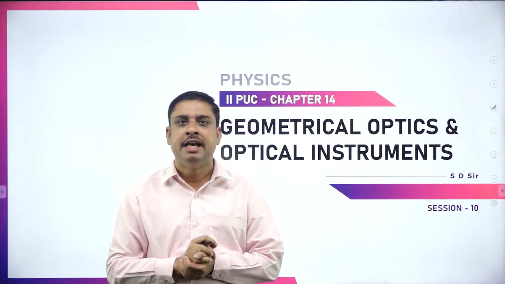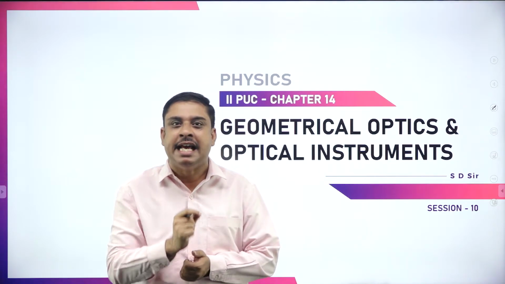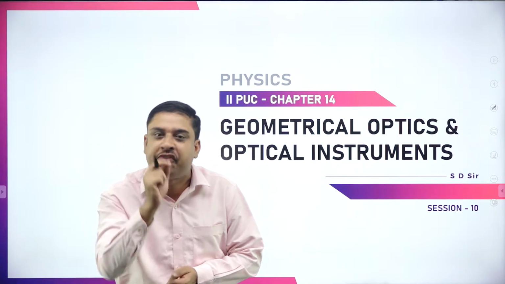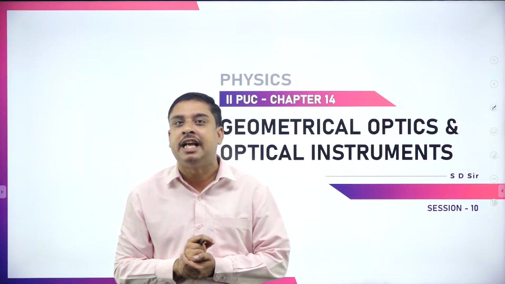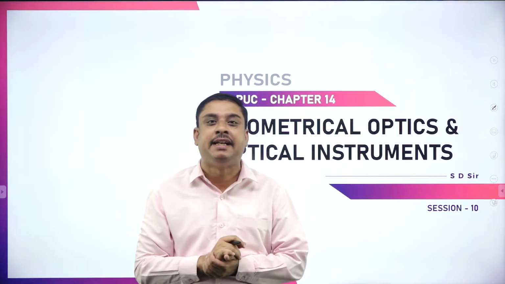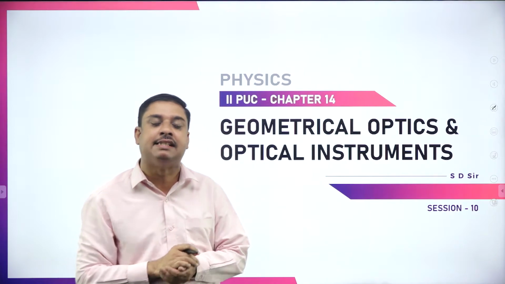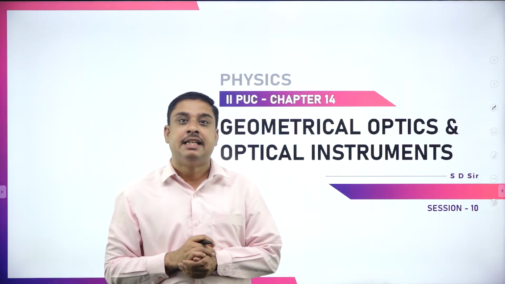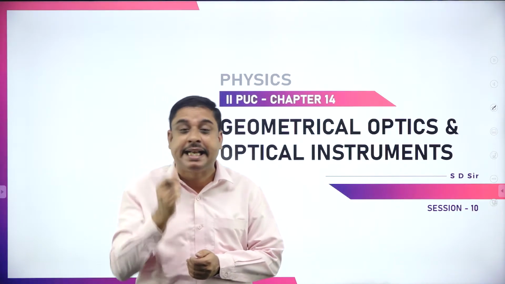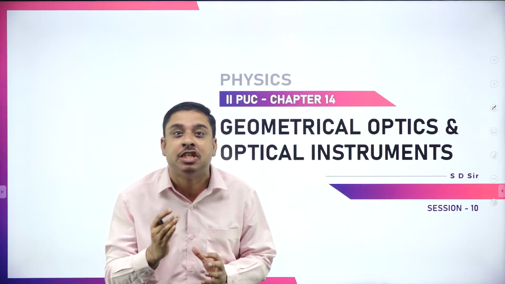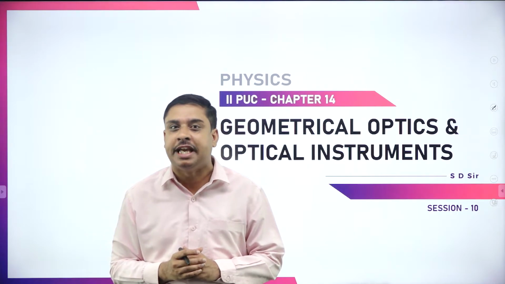You saw, if the crest is interfering with a crest, or a trough is interfering with a trough, the resultant intensity increases. If the crest interferes with a trough, the intensity decreases. So there is modification of light energy.